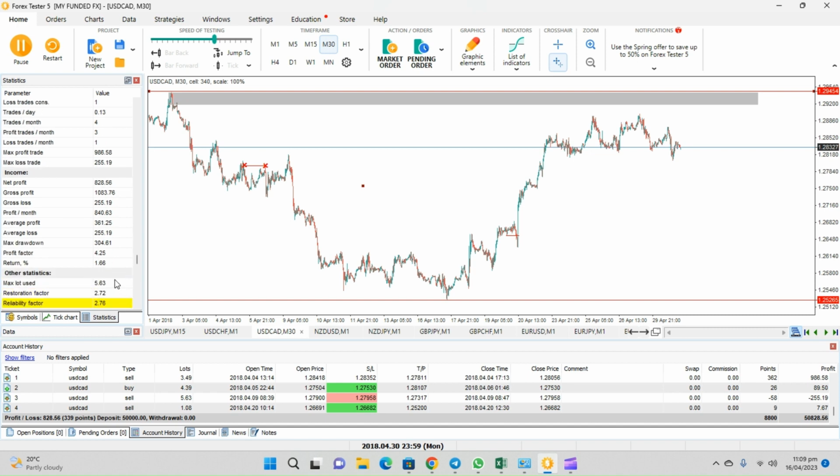The win rate is about 75%, and the loss possibility was about 25%.